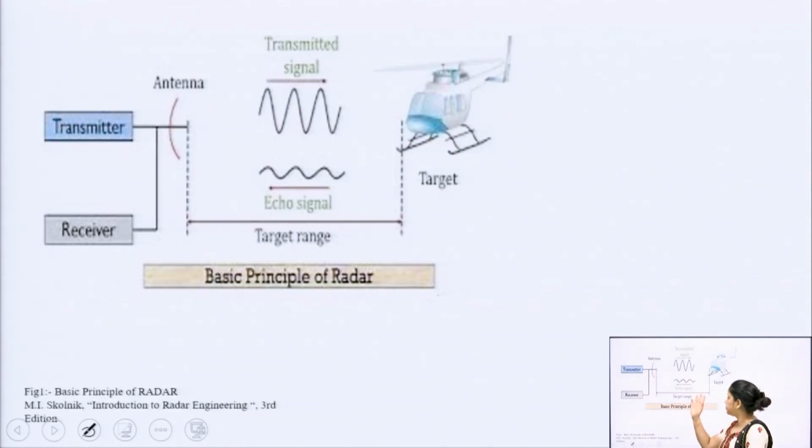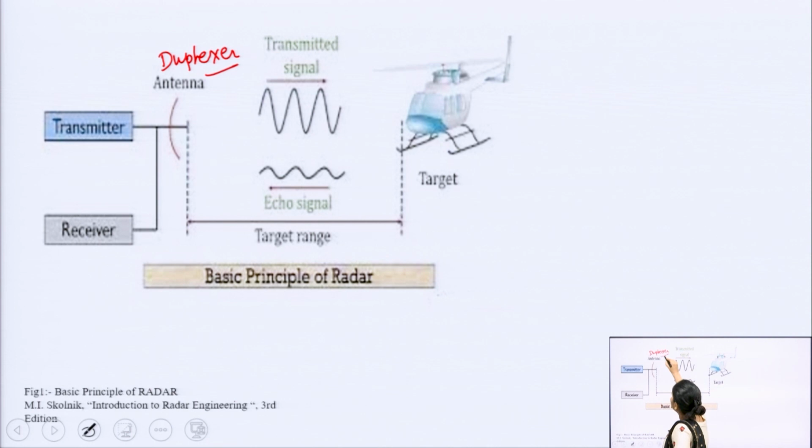So, this is a diagram depicting the basic principle of radar. This is our radar system, which consists of a transmitter and a receiver section. Here we have taken an antenna, of a duplexer type. I think everyone is aware of the duplexer type antenna.